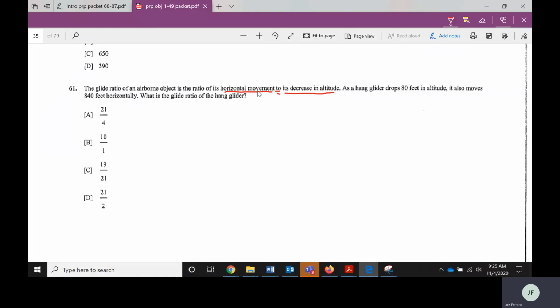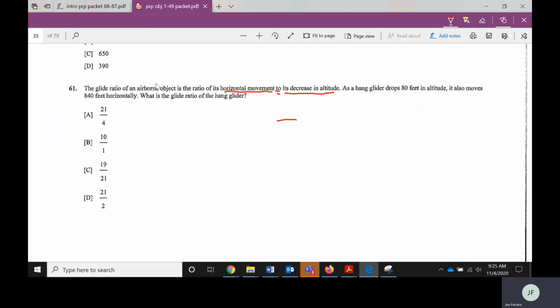So horizontal movement goes on top, decrease in altitude goes on the bottom. It says, as a hang glider drops 80 feet. So drops, you have to think, is that horizontal or is that decrease in altitude? If you don't know some of these words, that might be a little tough, but altitude is how high it is, and it's going to drop. So I'm guessing that should be the decrease in altitude and should go on the bottom. But let's keep reading on. Maybe there's a better hint.